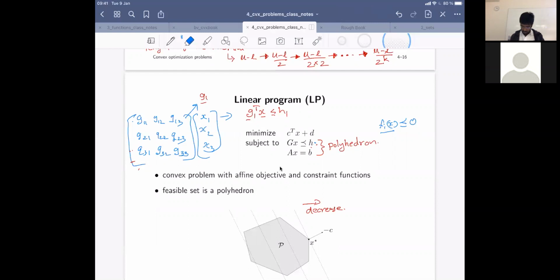Each row of G corresponds to one half space. This is the inequality corresponding to the first row, and I am denoting the first row vector as G1.